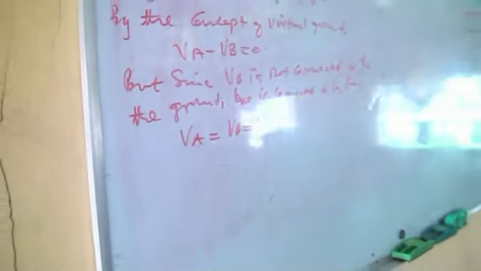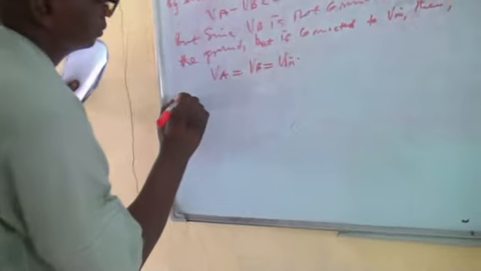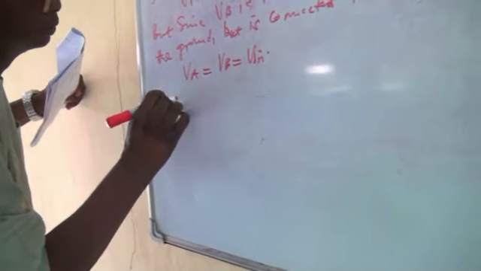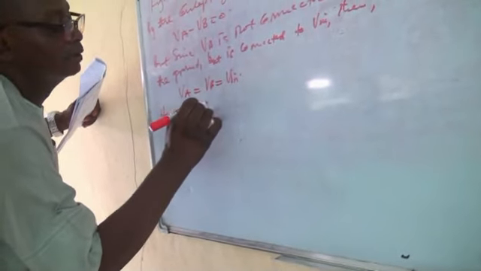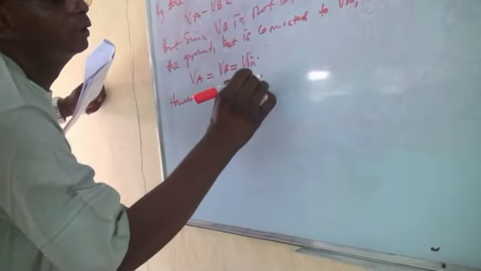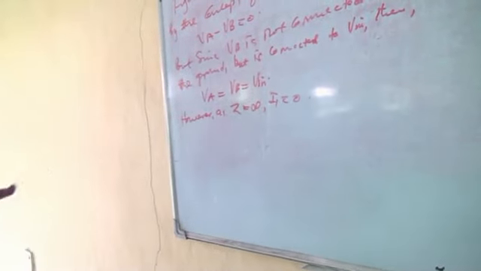But because the impedance of this op amp is very high, almost at infinity, as Z equals infinity, I1 equals 0, that condition still stands.